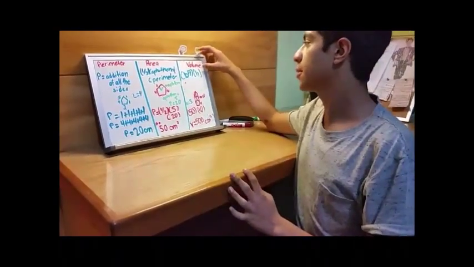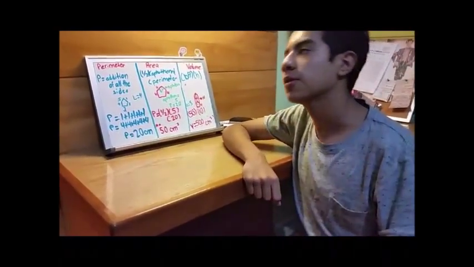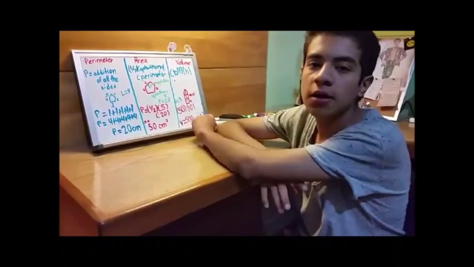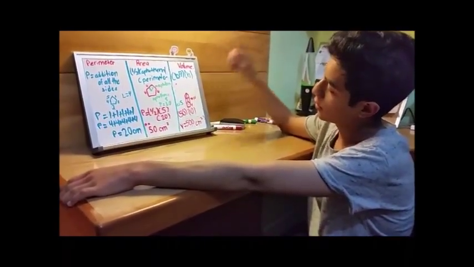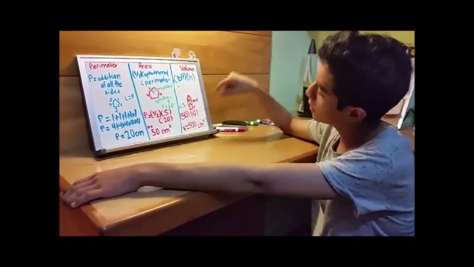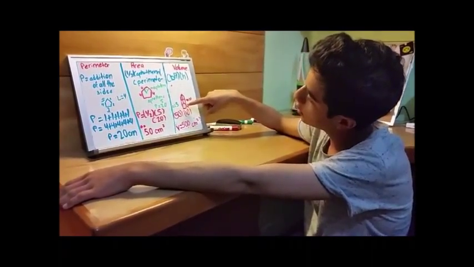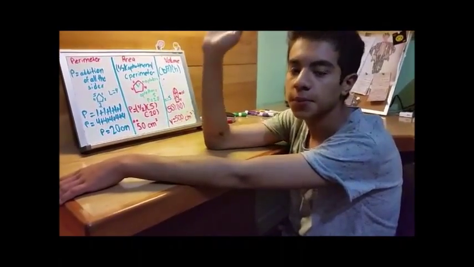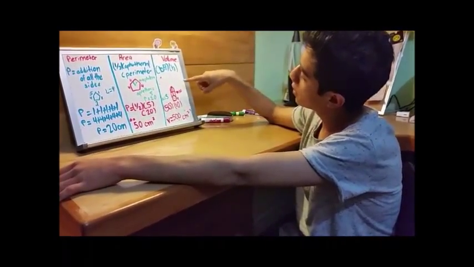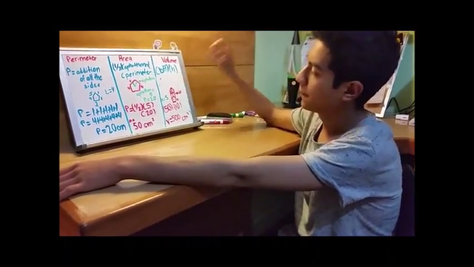We continue with the volume. For the volume, as we said before, we need a three-dimensional figure, so we are going to use this one. This is a prism that has a base of a polygon that has 5 sides, so it's a pentagon. We continue with the formula.